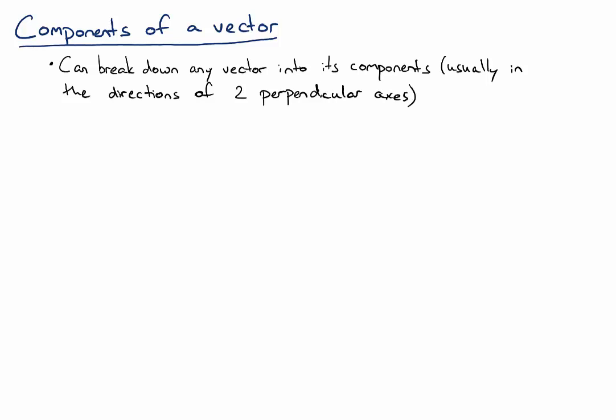Well, we can consider a vector, say a velocity vector, which is going in this direction here, and let's call that vector A. Why not? And say this was on a grid of north, south, east, west.